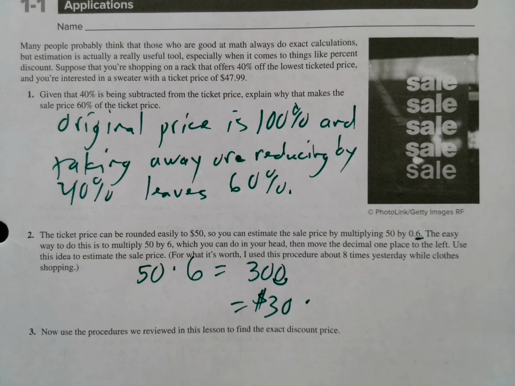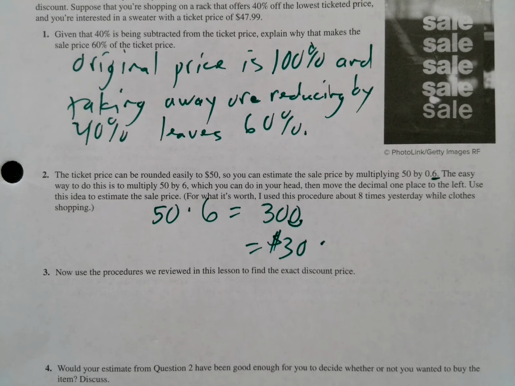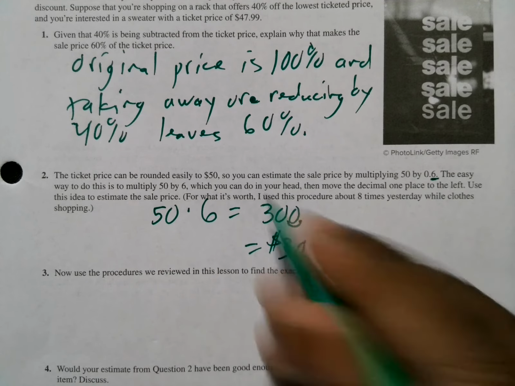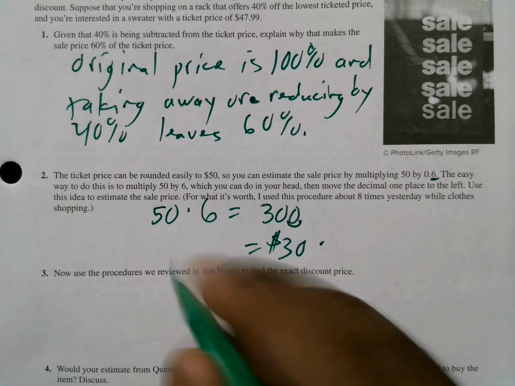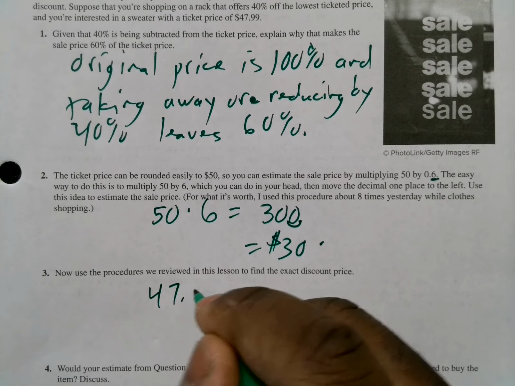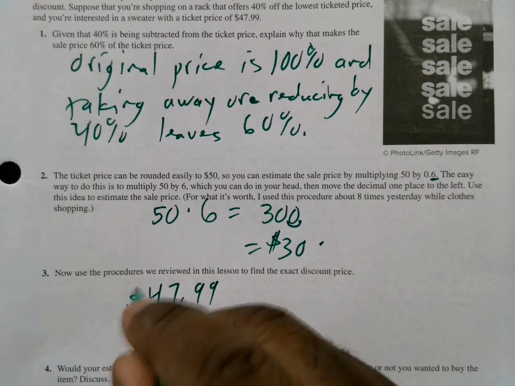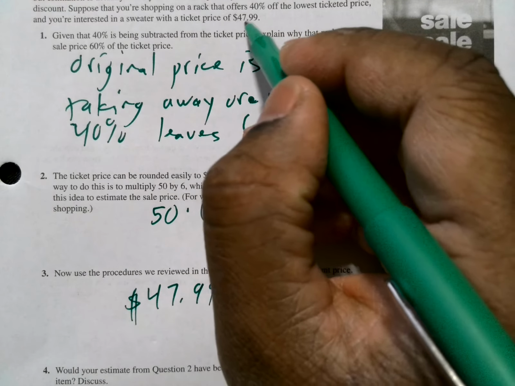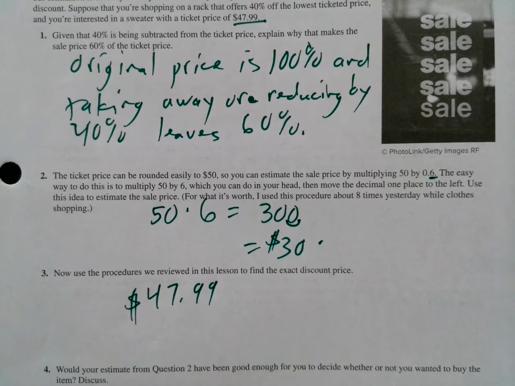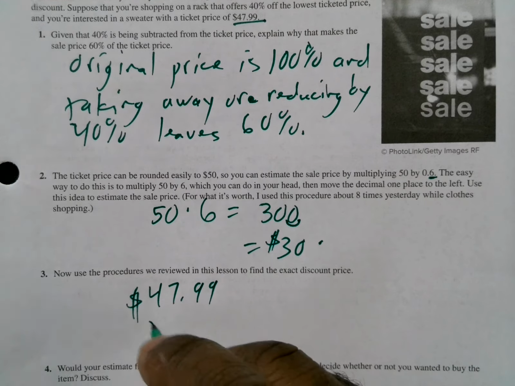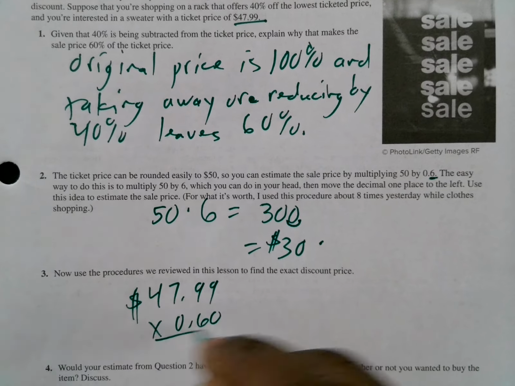Now number 3. It says, now use the procedures we reviewed in this lesson to find the exact discount price. So we know this is an approximation, it's $30. So we'll take this $47.99, which is up here in the problem, the price of the item, and we'll multiply it by 0.60.